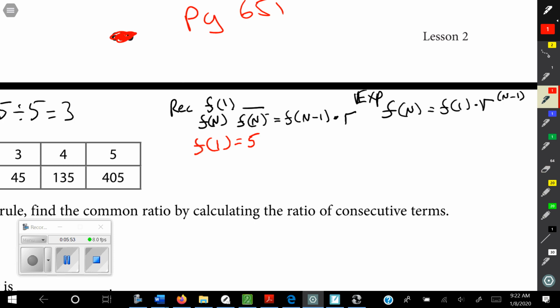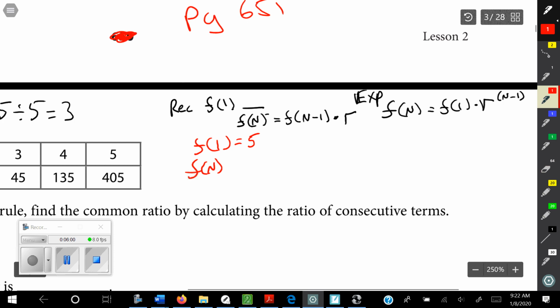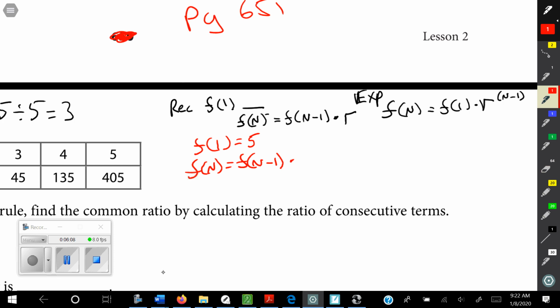F of n is equal to f of n minus 1 times 3, which is the common ratio. And this f of n minus 1 just means the previous term. Okay? That's the recursive rule.